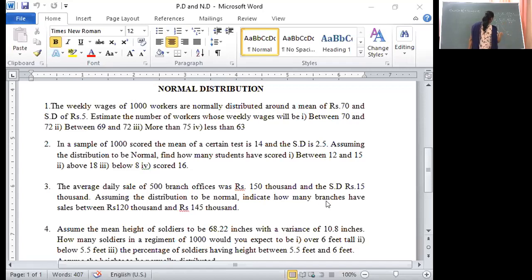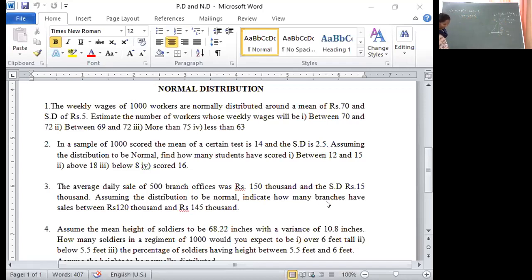Here I am taking 0.6 and 1 is here. That means we need to find the entire region from 0.6 to 1. How will we write this? This is equal to the probability of z lying between 0.6 and 1.